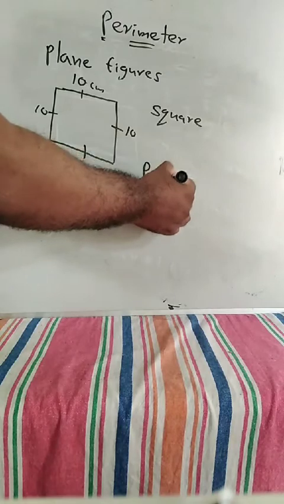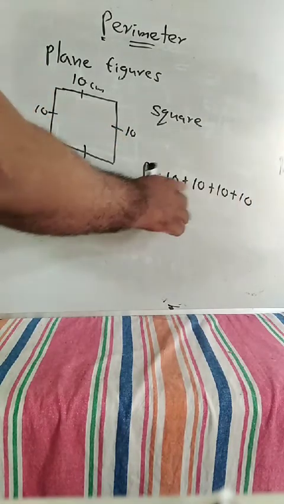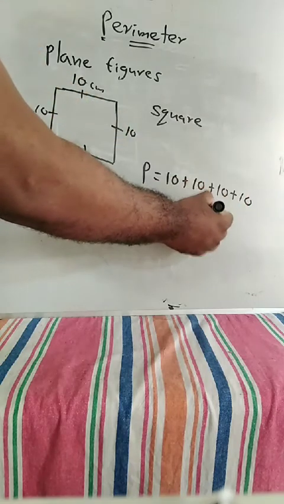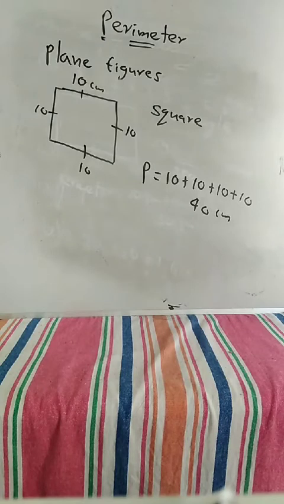The first letter P stands for perimeter. The perimeter of this square is 10 plus 10 plus 10 plus 10. 10, 20, 30, 40. The unit is centimeters, so 40 centimeters. This is a square.